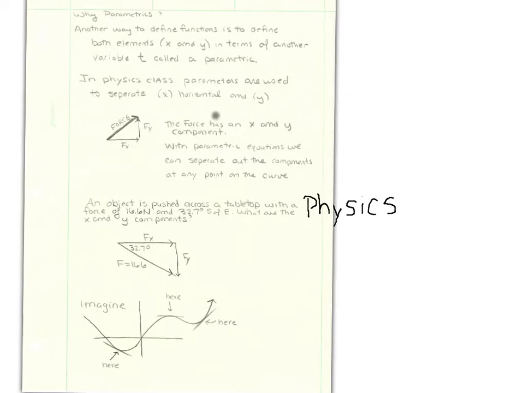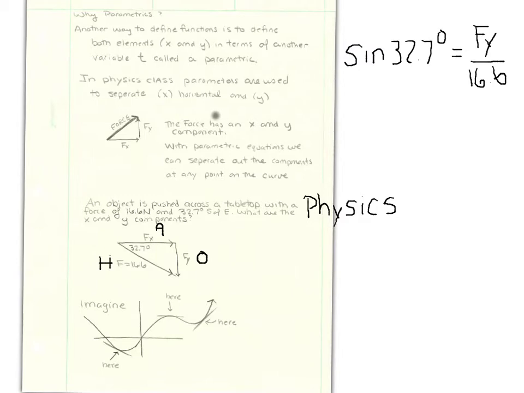And how you do this type of a problem is you'd have to solve for x and y with an angle, and so you'd label this side the opposite, and this side the adjacent, and this side the hypotenuse, and you might write an equation that the sine of 32.7 degrees is equal to the downward force divided by 16.6. And you cross multiply to solve that equation and get the answer.